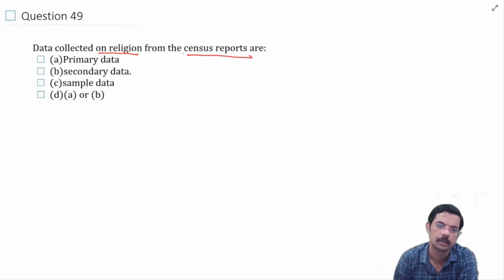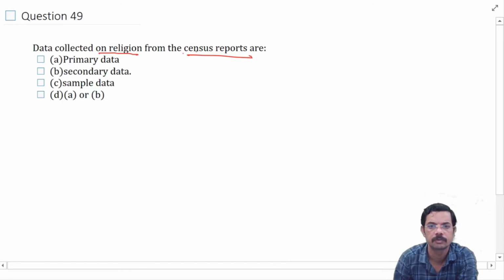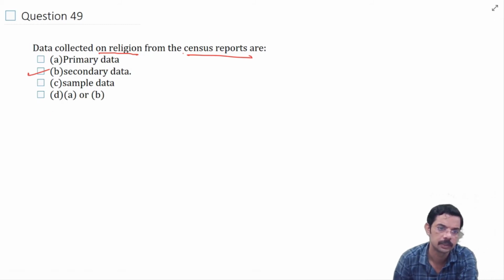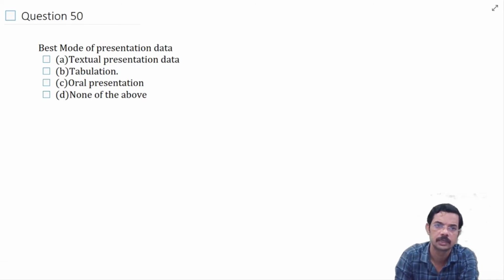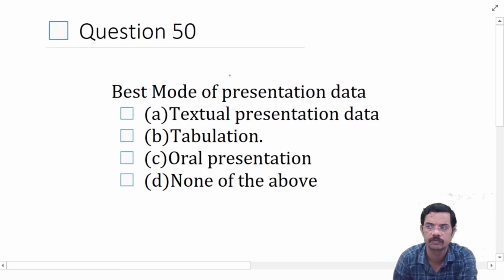In question 49, the data collected on religion from the census reports are, see, it is secondary to us. It is data which is already collected. Okay, question number 50 says that the best mode of presentation of data is the textual presentation, tabular presentation, oral presentation, or none of the above.